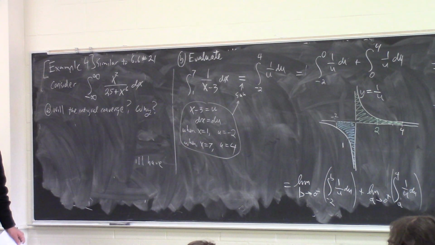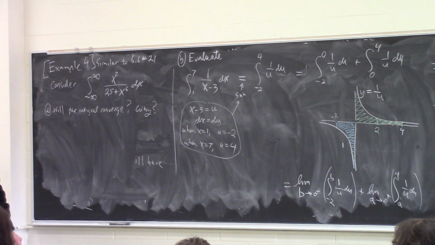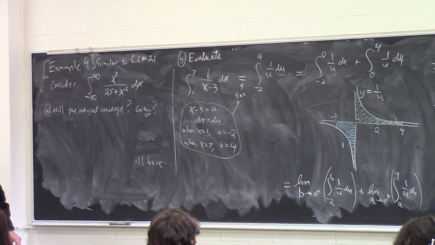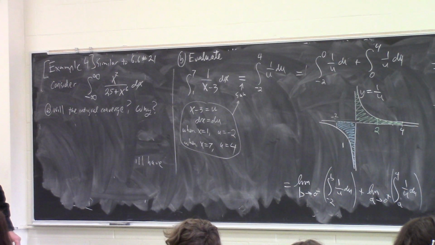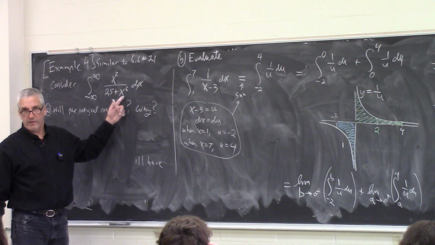So, first of all, are we integrating the discontinuity? Where is the discontinuity? Marcy, is it at the 6th root of 25? Well, when x is the 6th root of 25, then I get 25 plus 25, so I get 50.